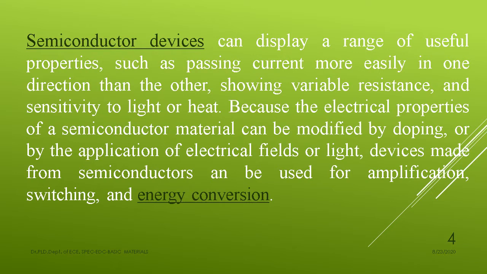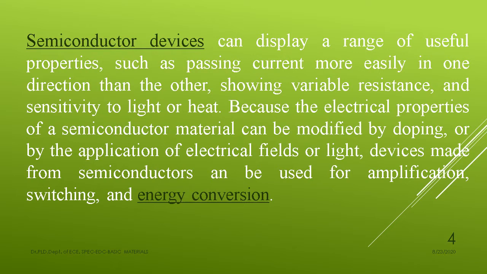It is easy to control the mechanism of allowing current through semiconductor materials as compared to either insulators or conductors, because the electrical properties of a semiconductor material can be modified by the doping process, adding impurities, or by the application of electrical fields or light.